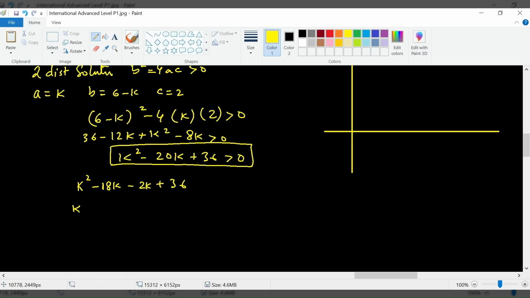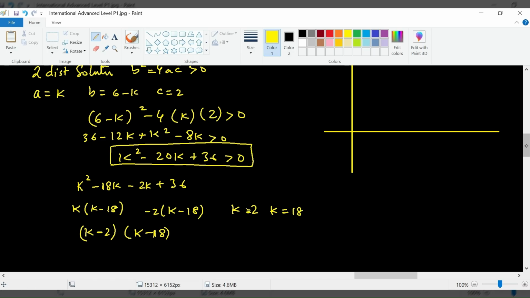So k is common in the first one, and it's going to be k minus 18, and in here I will get minus 2. So k minus 2 and k minus 18 are the two factors. So that means k equals 2, and k equals 18.